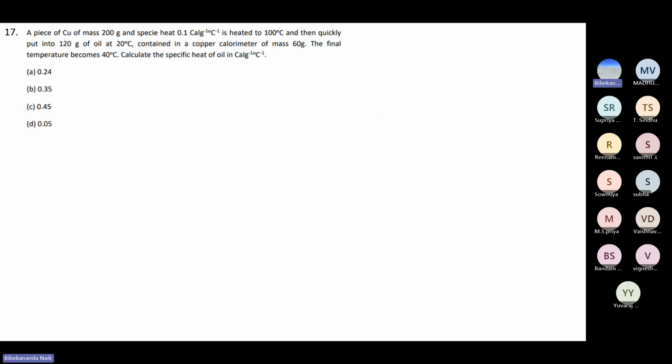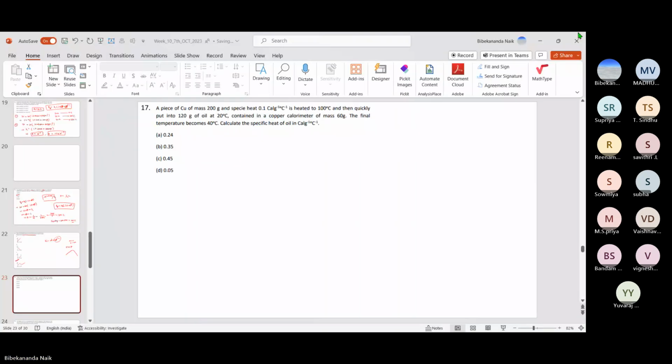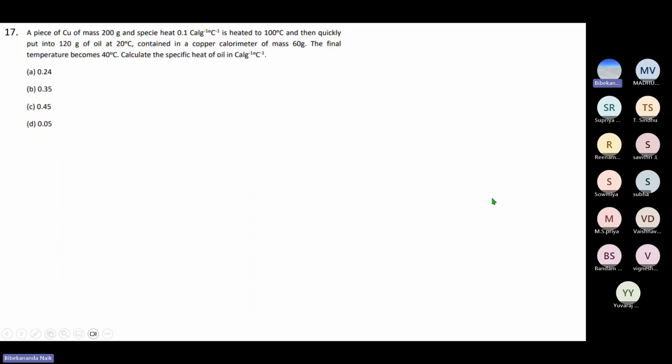Then the next question: a piece of copper of mass 200 gram and specific heat of 0.1 calorie per gram per degree Celsius is heated to 100 degrees Celsius and then quickly put into 120 gram of oil at 20 degrees Celsius contained in a copper calorimeter of mass 60 gram. The final temperature becomes 40 degrees Celsius.